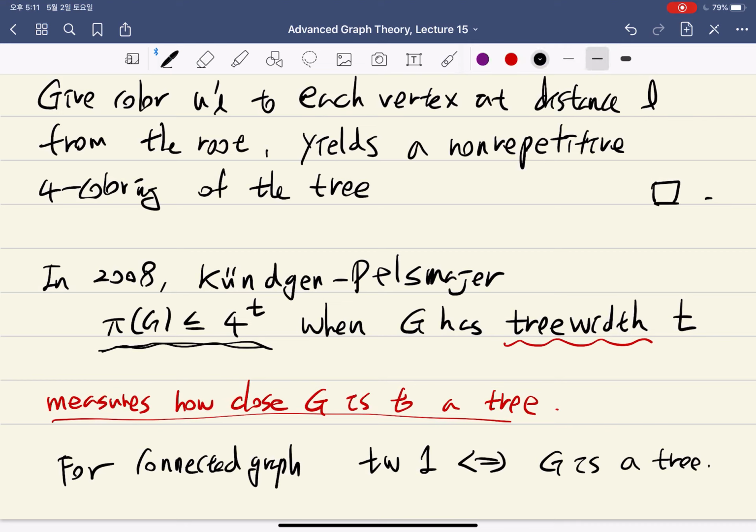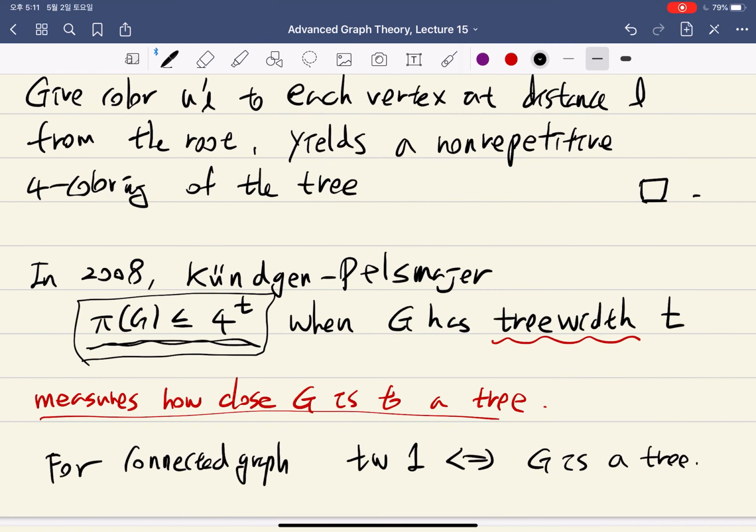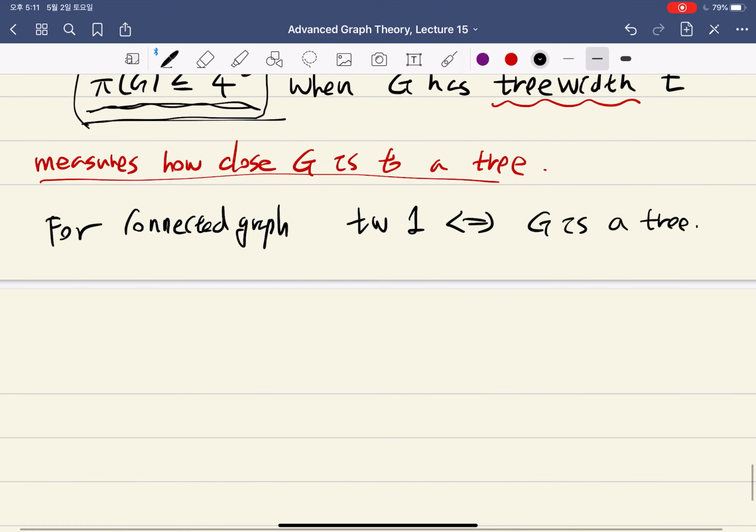So yes, by generalizing this argument, we can actually bound the dual number of a family of graphs. So we learned about this dual number, dual chromatic number. And yeah, now we move to the next topic.